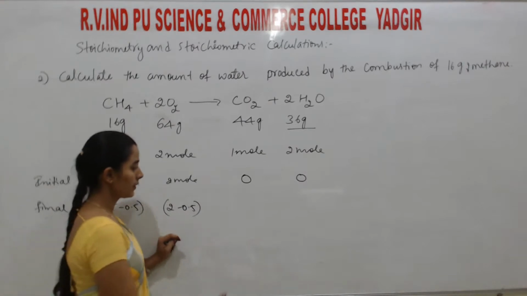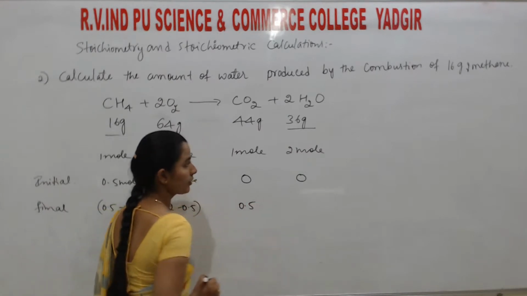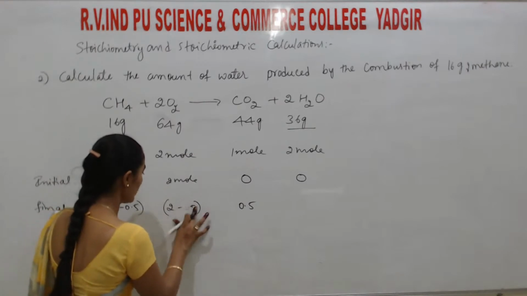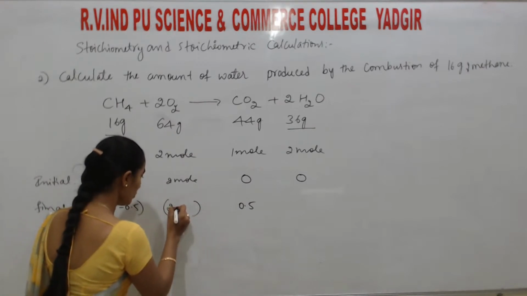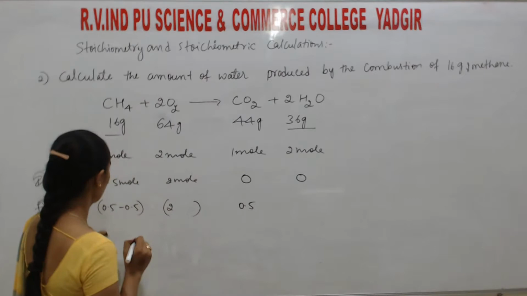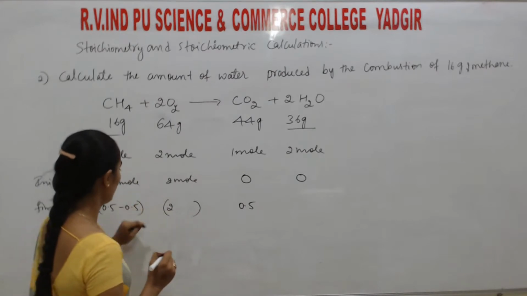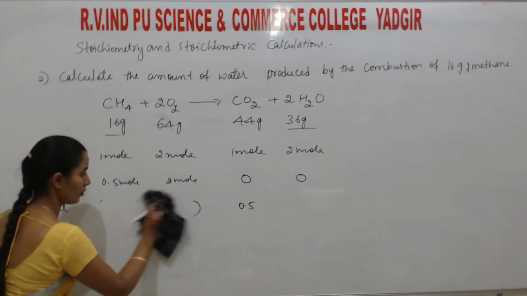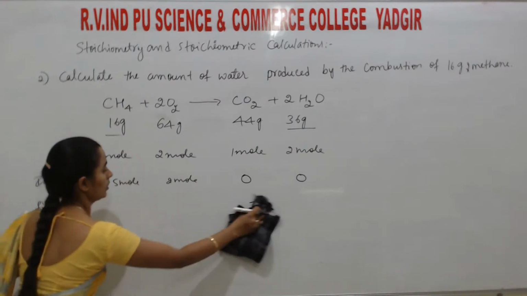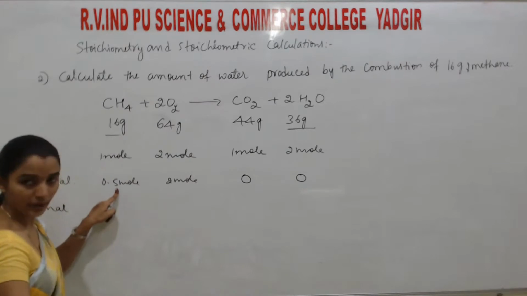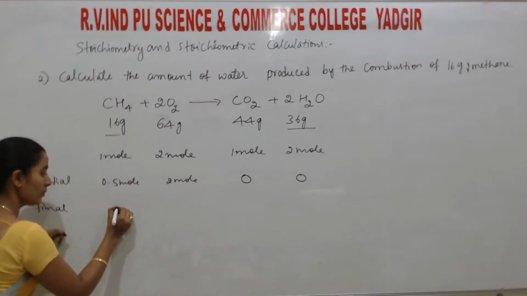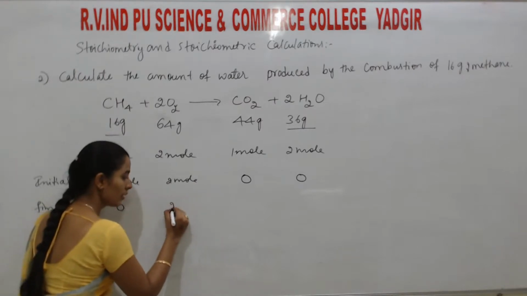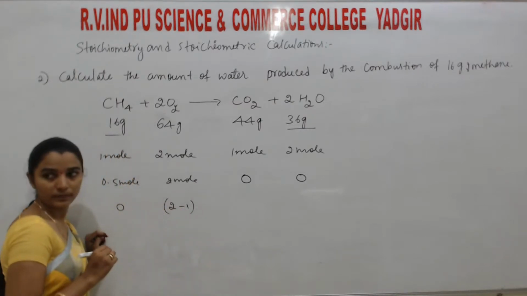Next, the product formed is 0.5. Now this is not 2 minus 0.5. Wait. 0.5 mole of methane is reacted, so oxygen reacted is 1 mole, that is 2 minus 1.